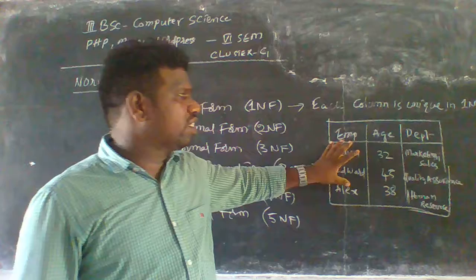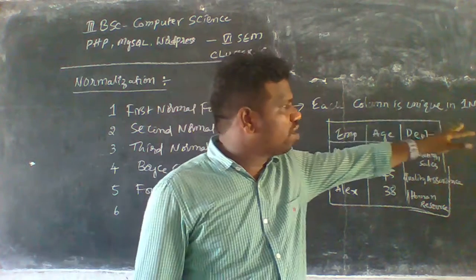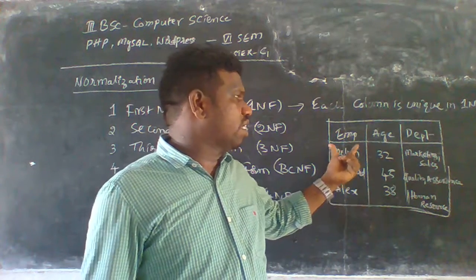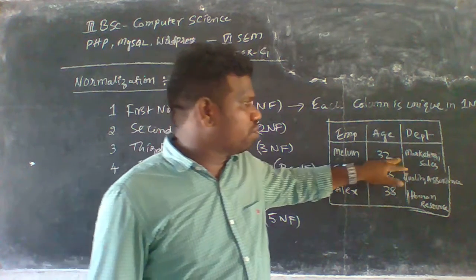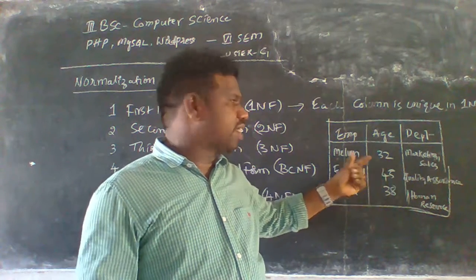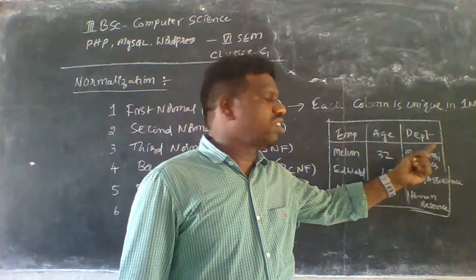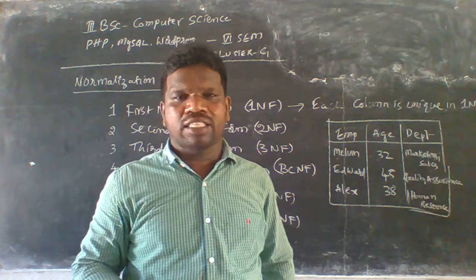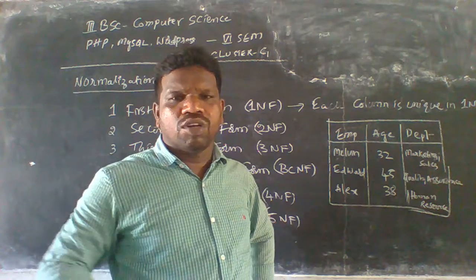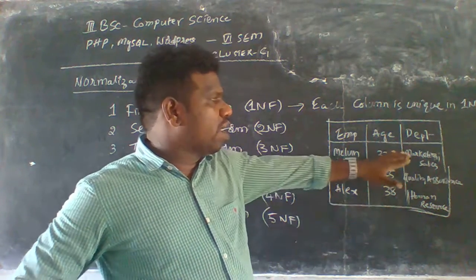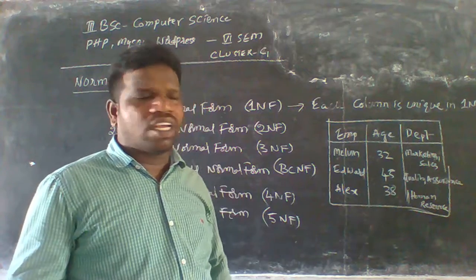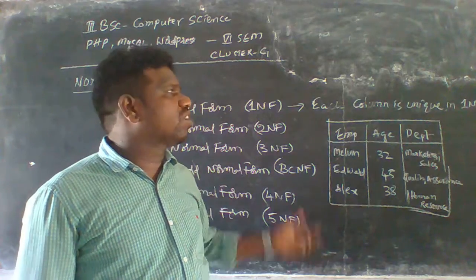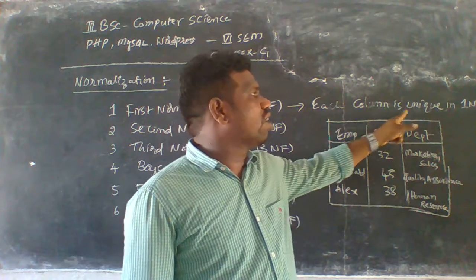In this content, each column is unique in the first normal form. So we can define Melvin, 32, marketing, and also the same Melvin, 32, sales, because Melvin is a person who does both operations. So the normal table is converted into first normal form, which says each column is unique.